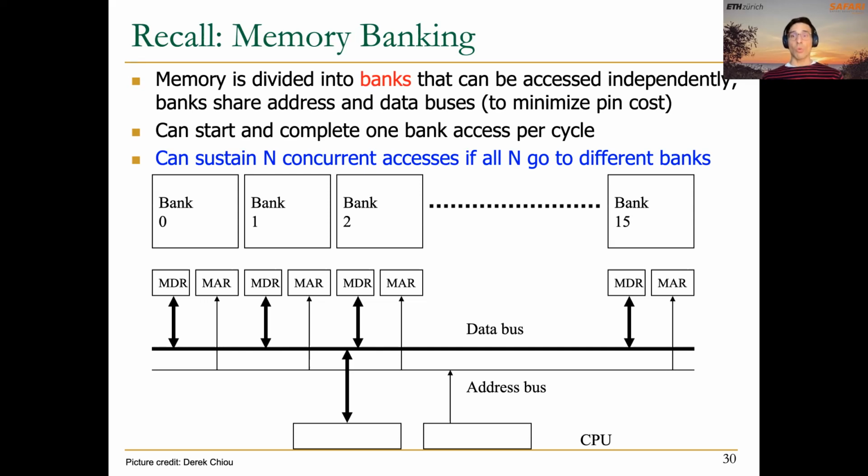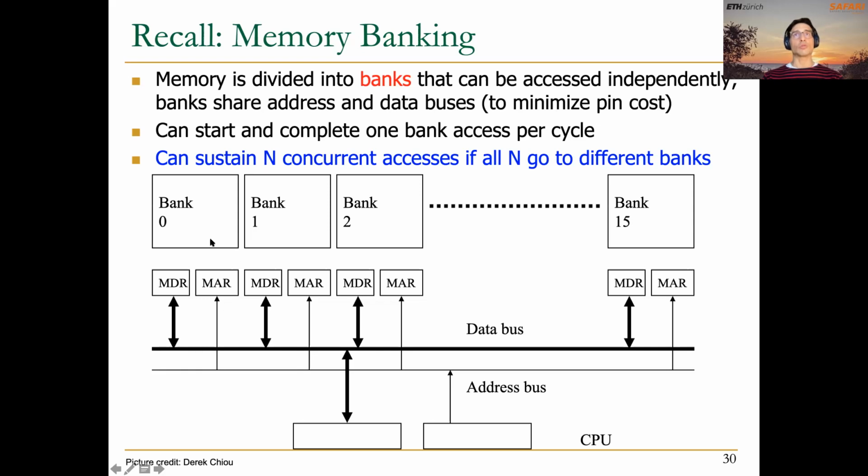Remember that when we want to sustain multiple accesses at the same time, which makes sense in GPUs and SIMD processors, because we have multiple threads or we are operating on multiple data elements at the same time, it makes sense for us to be able to sustain multiple memory accesses at the same time. And the way of doing so is by dividing the memory into multiple banks that can be accessed concurrently. Remember, we explained this in the corresponding lecture, SIMD processors and GPUs.